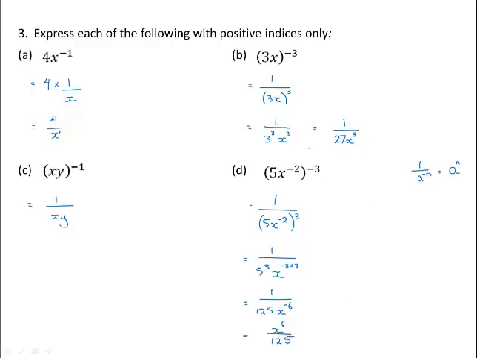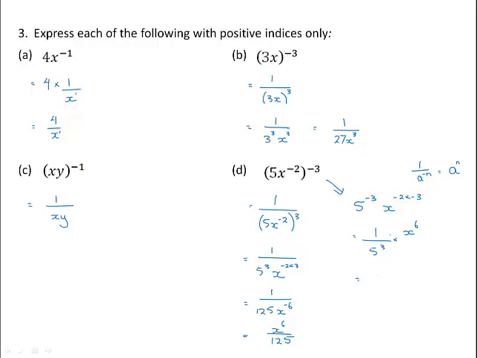The second way to evaluate this problem is to take the minus 3 into the bracket first. So we know that when there's a power outside the bracket, it applies to every value inside the bracket. So this becomes 5 to the power minus 3 x to the power minus 2 times minus 3, which is the same as 1 over 5 to the power 3 times x to the power 6.